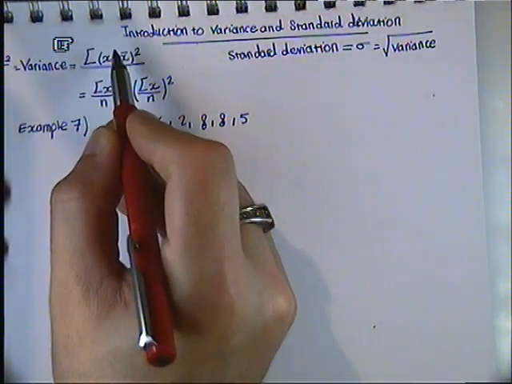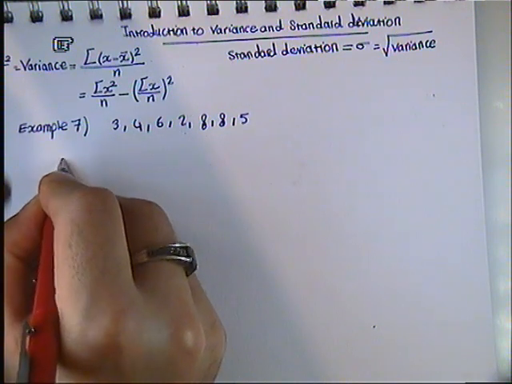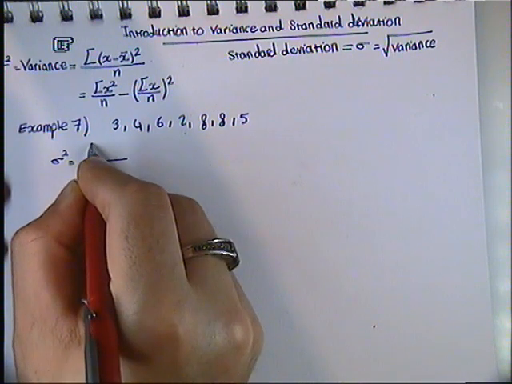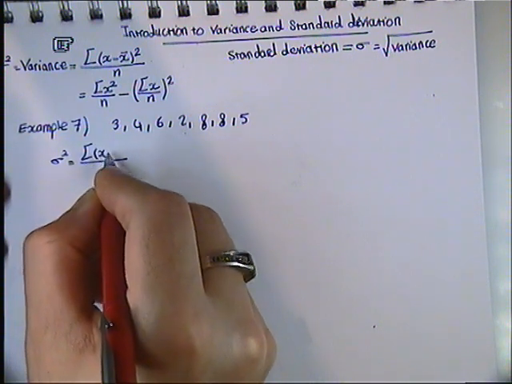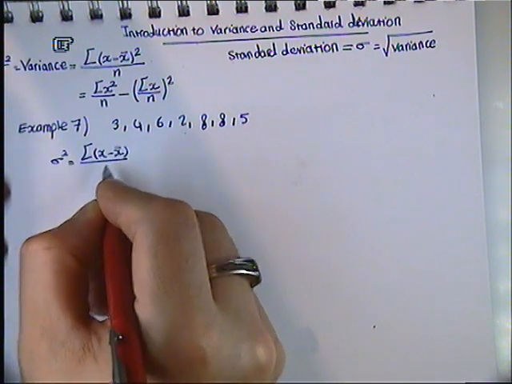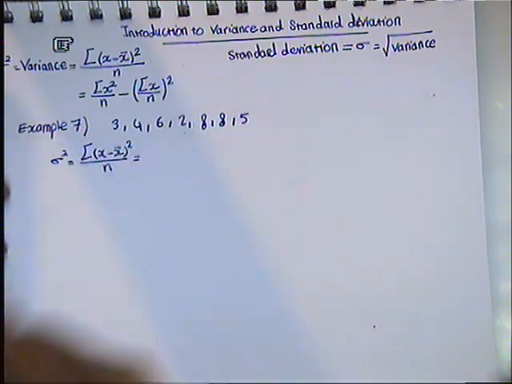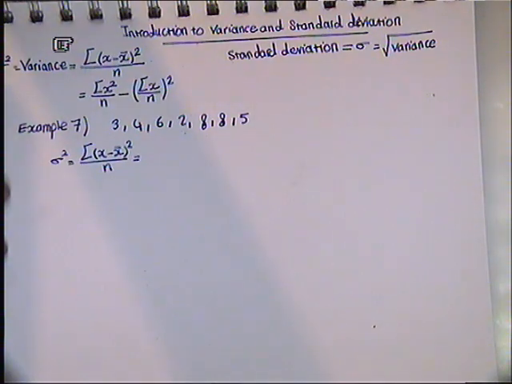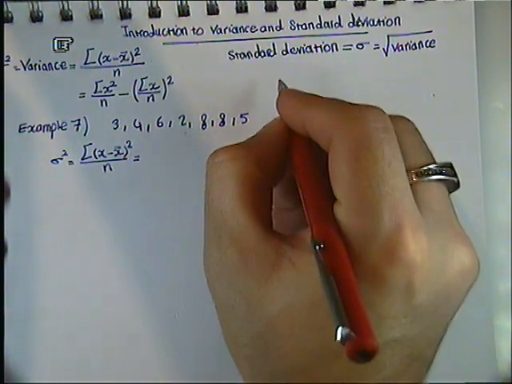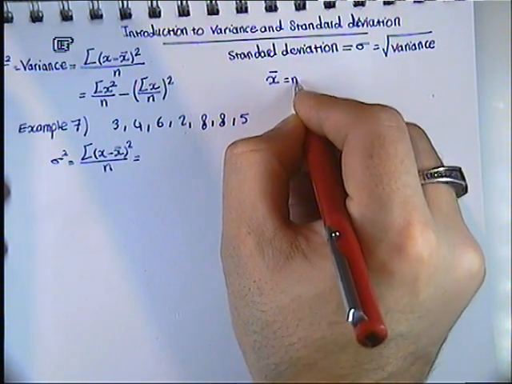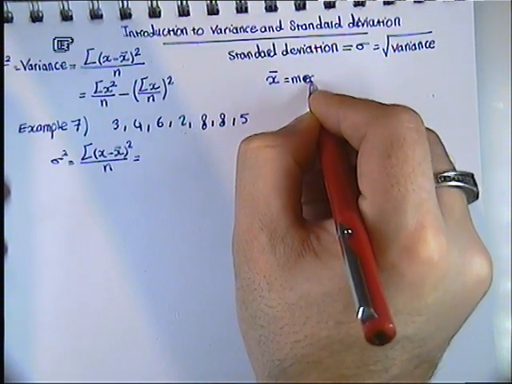If we want to use the first formula, sigma squared is equal to the sum of (x minus x bar) squared, all over n. Obviously, we've got a square here. So what do we mean by x minus x bar? X bar is the mean of the data.